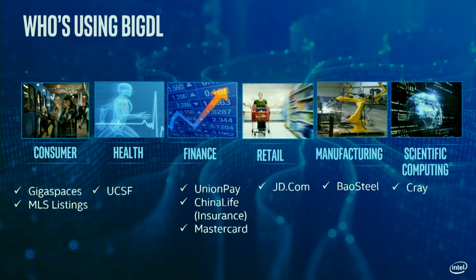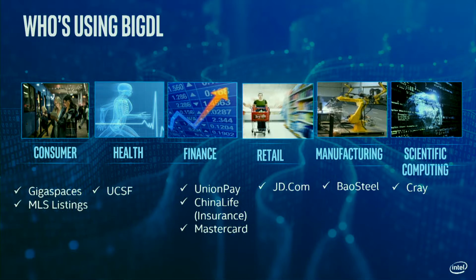MLS Listing is using it for finding similar homes for the users. UCSF is using it to process its 3D images from MRI. And from finance, we deployed BigDL in UnionPay for its fraud detection system. And for China Life and MasterCard, we built a recommendation system.